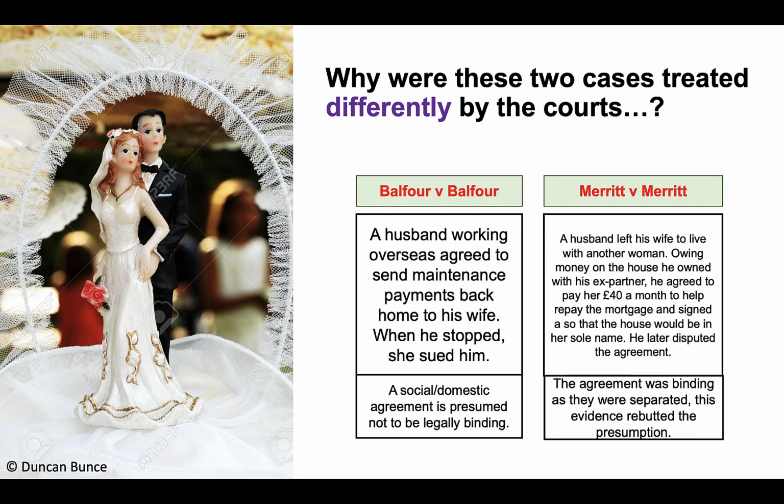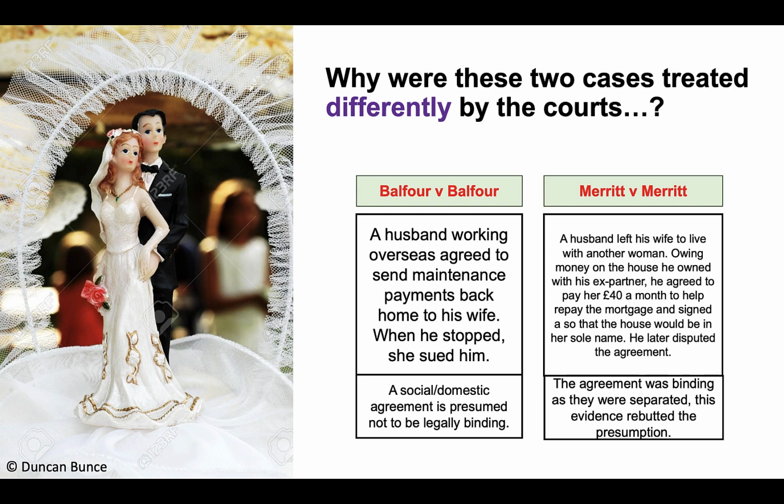And though it was accepted that, again, husband and wife is a social or domestic agreement, the courts could distinguish on the facts from the Balfour and Balfour precedent. So in other words, one side might argue Balfour and Balfour, that's the law, that's the precedent, that should be followed by this court. And the other side would argue, well, no, the facts here are materially different.